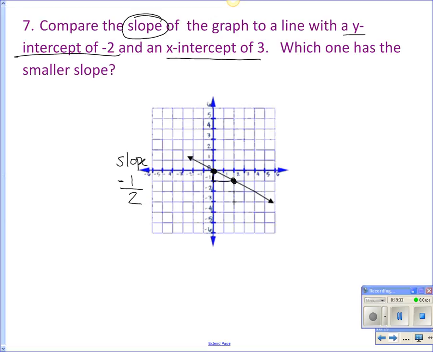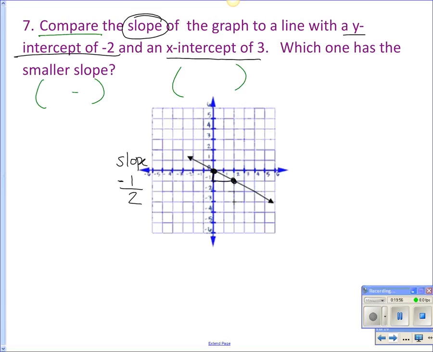Okay. It also said compare. To compare, you have to have 2 things. We also have to find the slope of these 2 things. You have to make 2 points. Write this on your paper. You have to have 2 points. A y-intercept of -2.